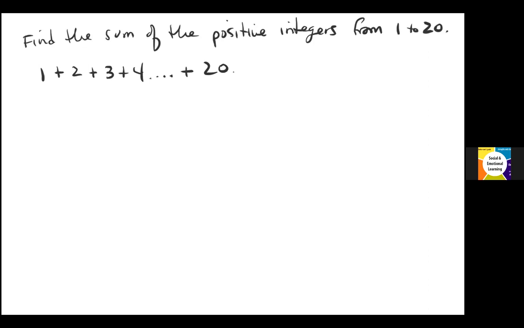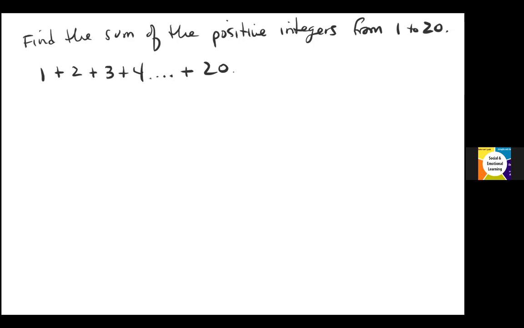What would be a fast way to do this using the commutative and associative principles? How could we speed this process up?